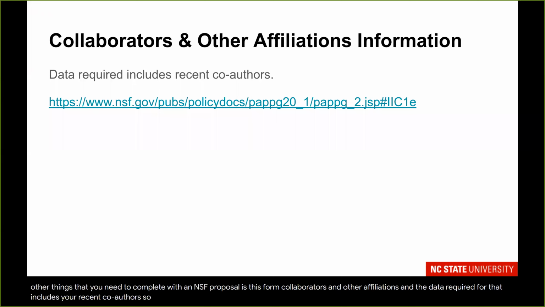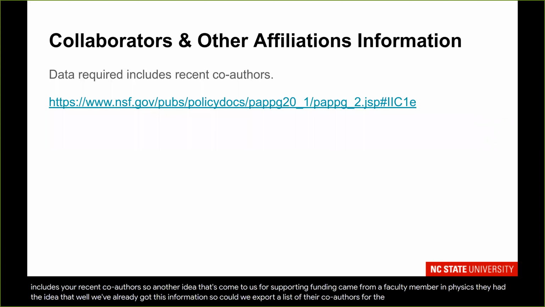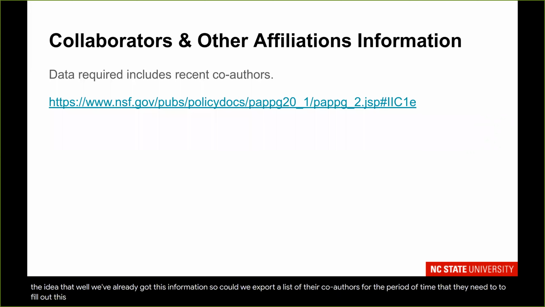So another idea that's come to us for supporting funding came from a faculty member in physics. They had the idea that, well, we've already got this information, so could we export a list of their co-authors for the period of time that they need to fill out this NSF collaborators and other affiliations form. And so we've done that for them.